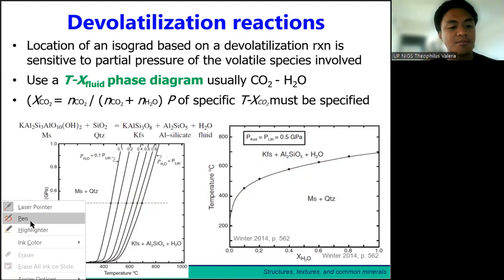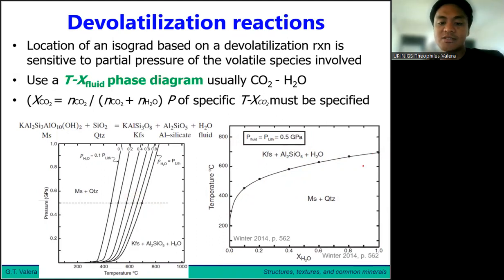So, as you can see from here, if for example the pressure of the fluid is equal to the pressure of the rock, then the reaction progresses at the maximum temperature, okay, of around 600, 700 degrees Celsius.